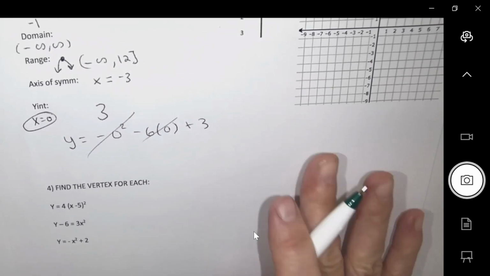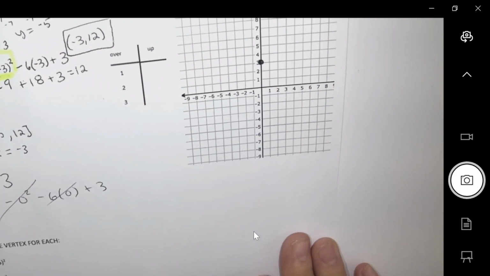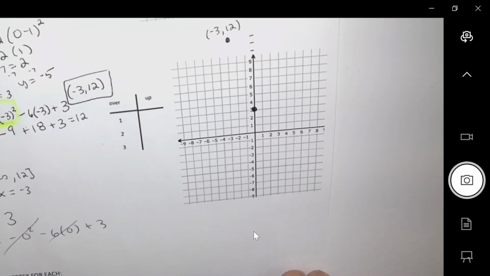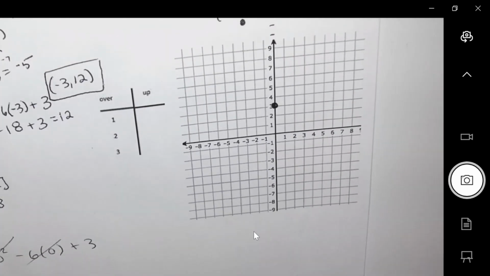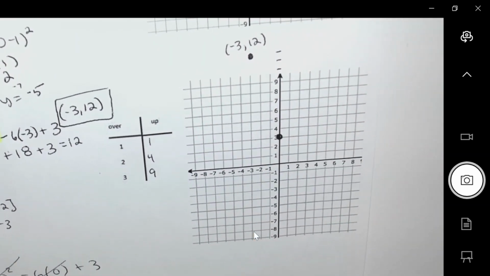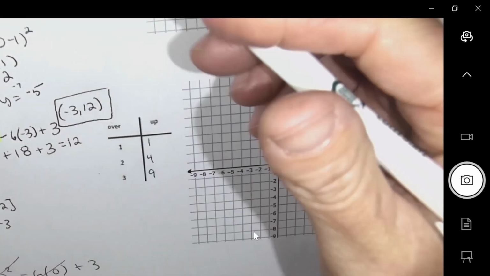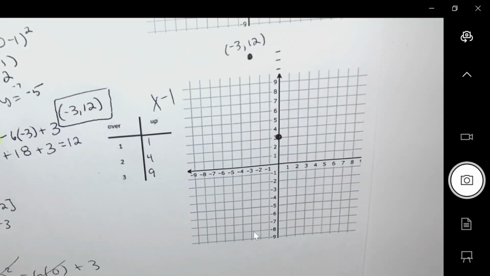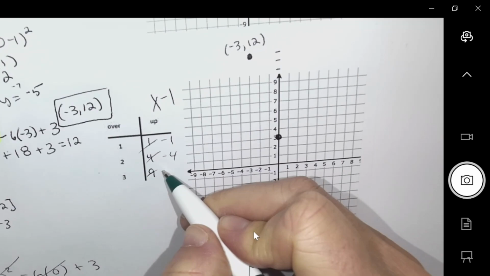So, okay, I'm actually going to put that onto my graph here. 3. Okay, so I'm going to start this process with 1, 1, 2, 4, 3, 9. We were told our slope is negative 1. So that means our chart pattern is changing. So negative 1, negative 4, negative 9.